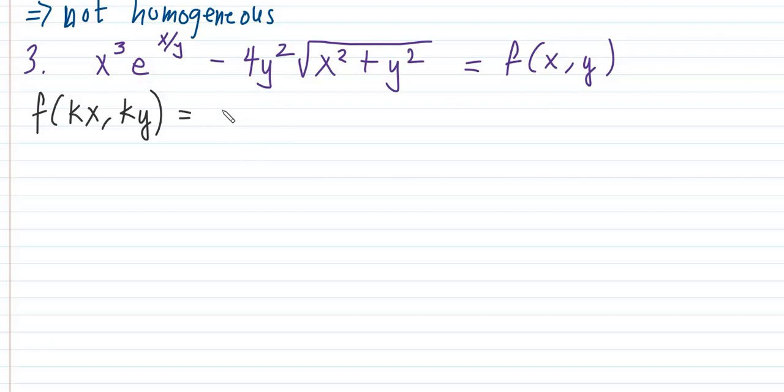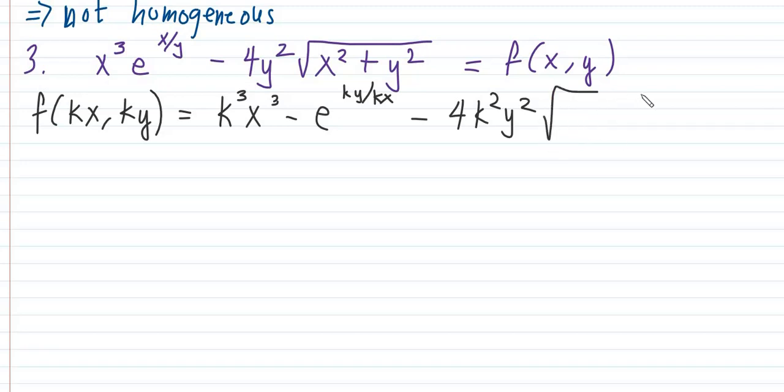So x cubed, let's do some shortcuts, would be k cubed x cubed times e raised to ky over kx minus 4 k squared y squared. Everybody understand that, right? X over y.